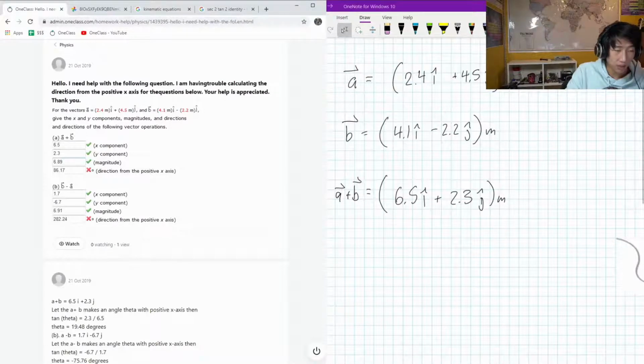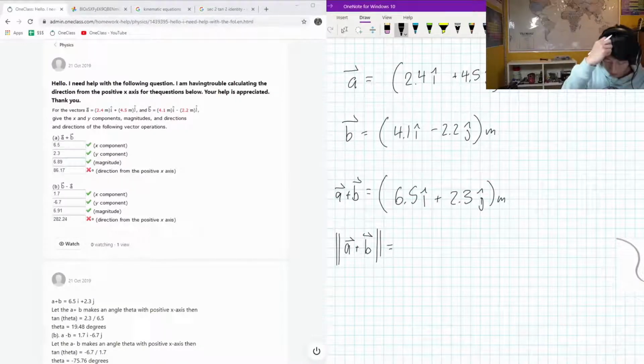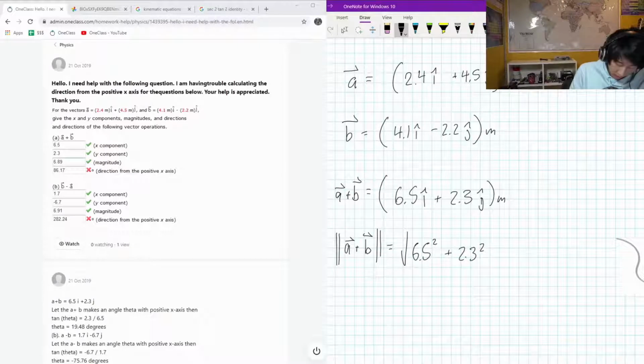Now the magnitude of a plus b, we represent it with a double absolute value for magnitude. Sometimes you also see it with a single absolute value. Sometimes we get confused with absolute values, so it's better to do double. But it's just a Pythagorean theorem situation: 6.5 squared plus 2.3 squared, all under the root.